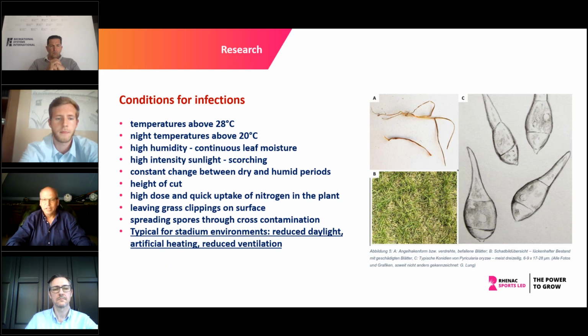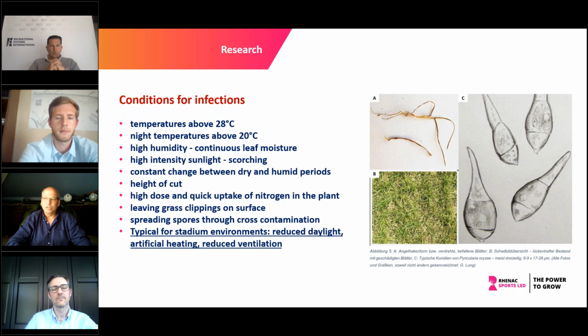The height of cut, the closer you mow, the more stressed the plant will be, and the more susceptible it will be. Fertilizer levels, very important. If there is too high a dose of nitrogen in the plant, that means there are fewer sugars in the plant, it's less healthy, and it will be more vulnerable to disease.